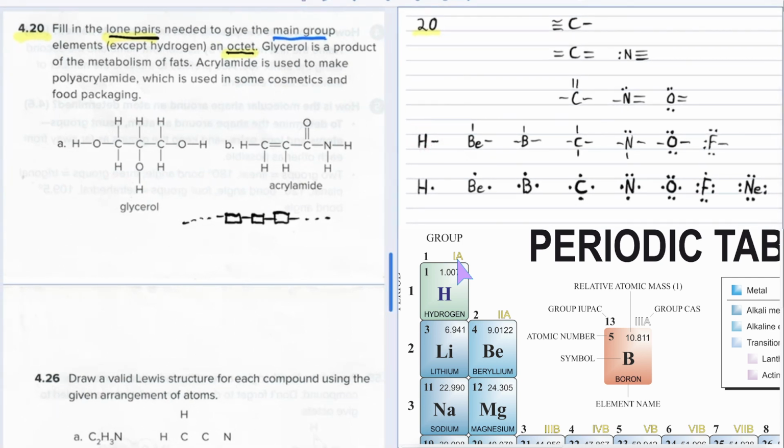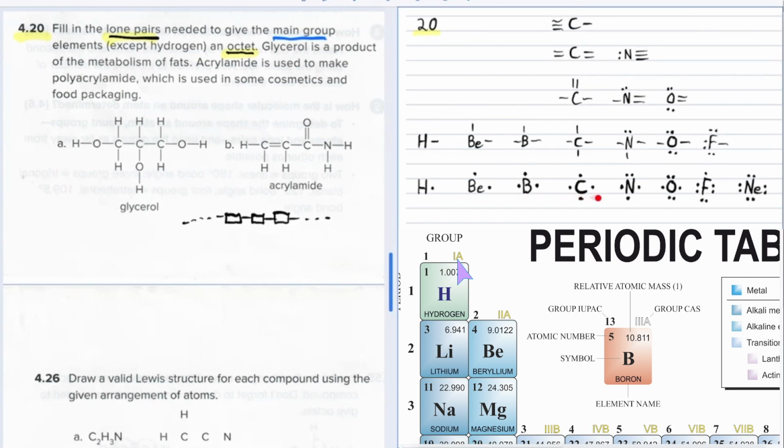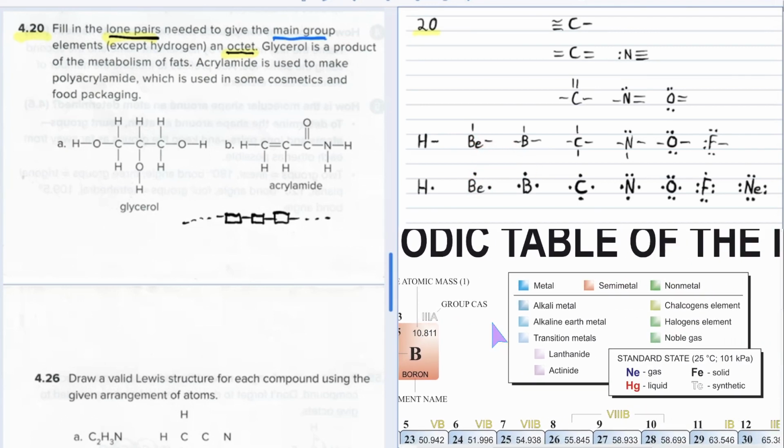Now we're only really interested in the atoms that are in these molecules, but just to finish this little tutorial, moving down the list, beryllium is in group 2A, and all of these atoms in group 2A have 2 valence electrons. They can form 2 bonds. Boron is in group 3A.